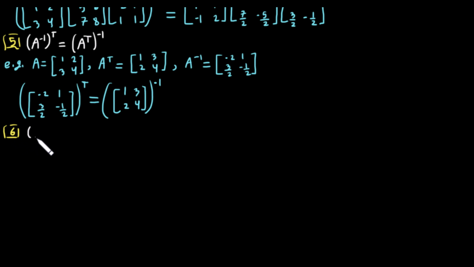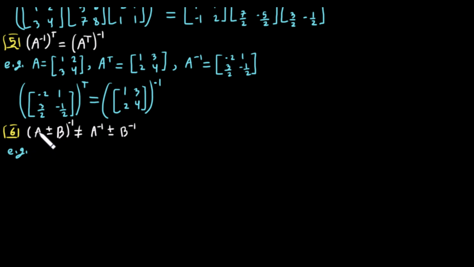6. If you have A plus or negative, if you add or subtract B, and you take the inverse, it's not equal to A inverse plus or negative B inverse. For example, let's give you an example.